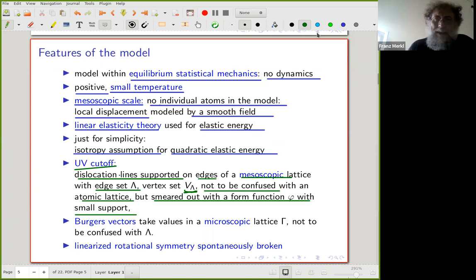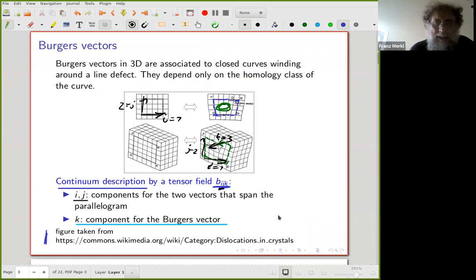But the Burgers vectors themselves do not take values in this mesoscopic lattice, but in a microscopic lattice, lambda. Just maybe I'll show you once again.